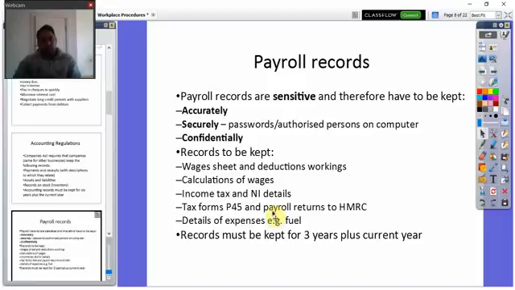Payroll records. Payroll records are very sensitive and therefore need to be kept accurately, securely, e.g. passwords, authorised persons on the computer, confidentially. So obviously payroll records are very sensitive because people are sensitive about their pay. I mean, people don't like their pay revealed to other employees. People become upset if someone is paid more than them for doing similar work.